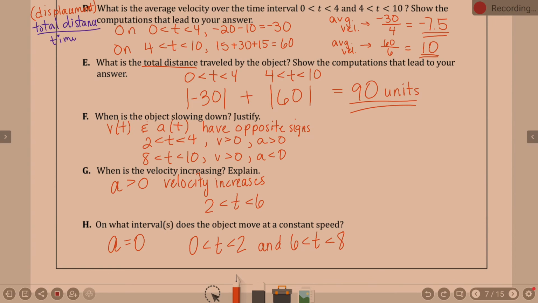Okay, so acceleration is 0, which means the slope of velocity is 0, right? You could say v prime is 0 if you want.